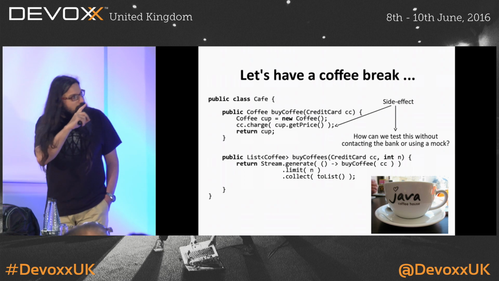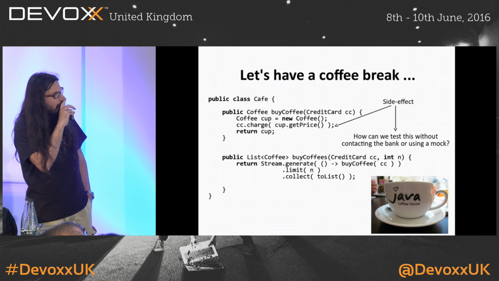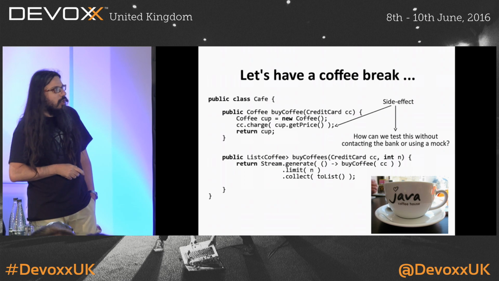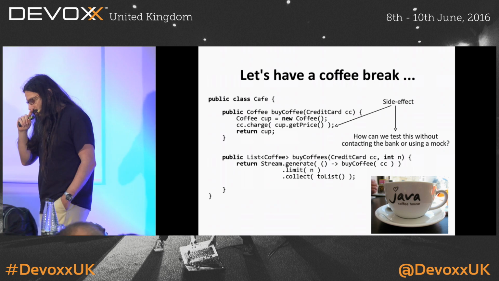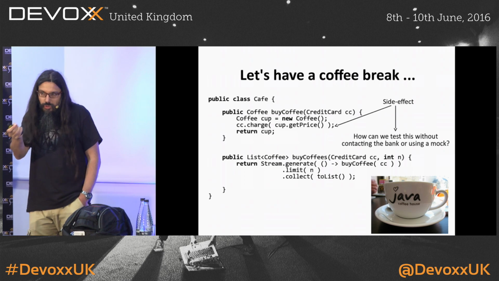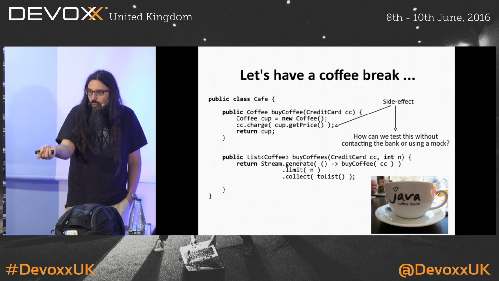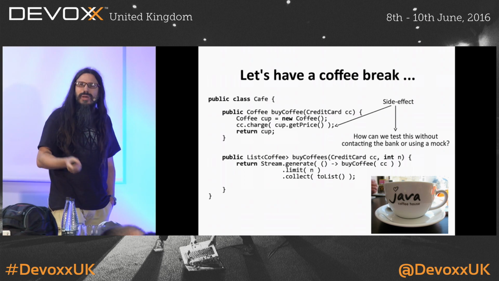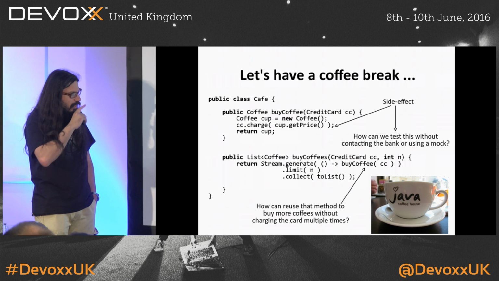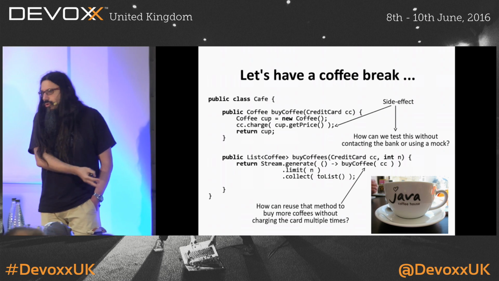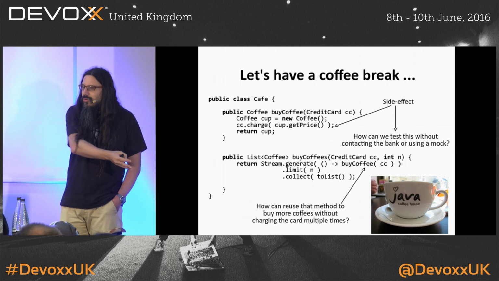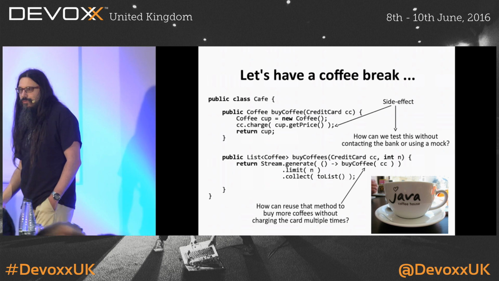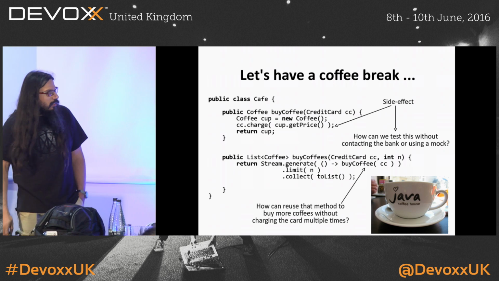And the other thing is that it's difficult to test this stuff without a connection to a real credit card, which of course you don't want, or using a mock. That is a bad practice, in my opinion. And if you want to reuse this method now to buy 4 coffees, you are paying 4 fees instead of once.